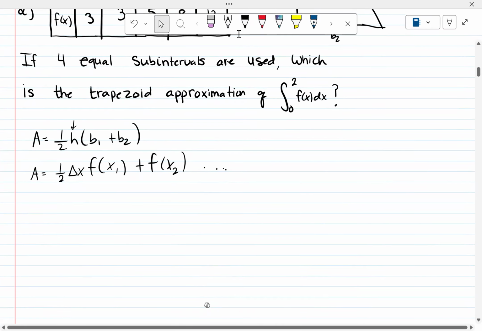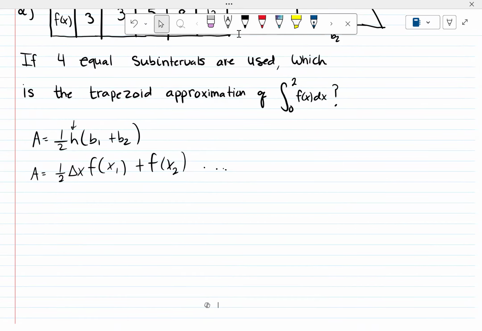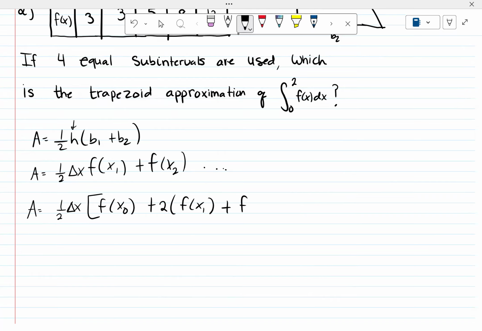So this is going to be A equals 1/2 delta x, bracket, and then f of x naught plus 2 times f of x1 plus f of x2 plus f of x n minus 1, plus f of x n.